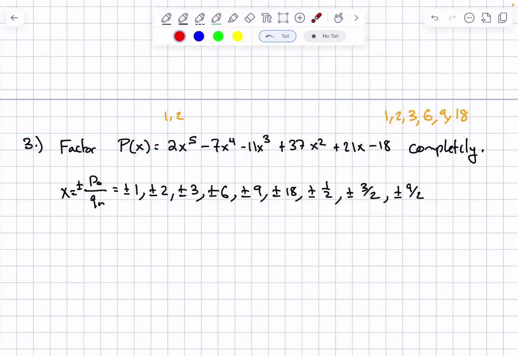Now the goal is to go through and plug them in using our calculator to see if we get 0. So that's what we're going to do.